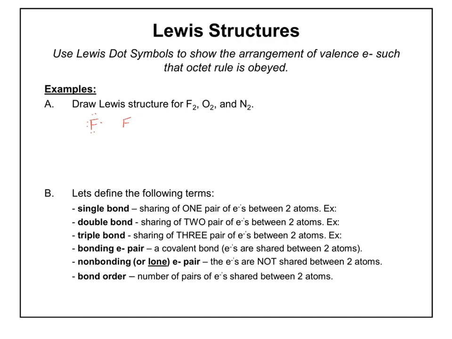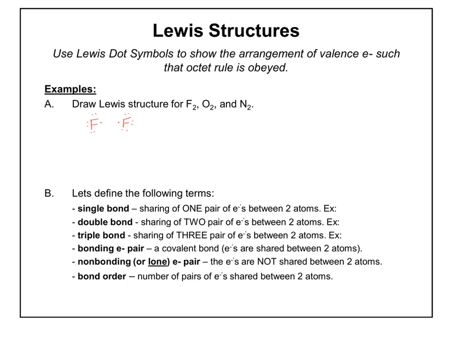But I already know that 3 sides of my box will have 2 dots and 1 will have 1. So I have another fluorine where I'm going to put 1 dot on one side and 2 dots on the other 3 sides. And I'm drawing it this way so we can really see that covalent bond forming. Now fluorine wants 1 more electron in order to achieve that octet, right?